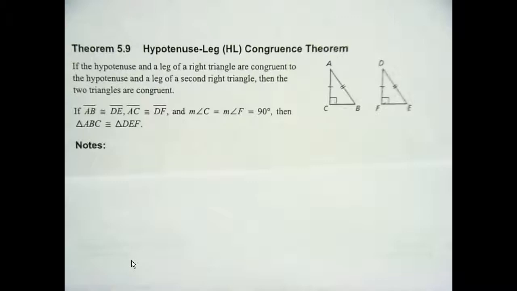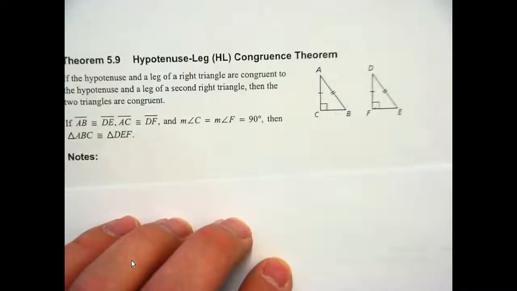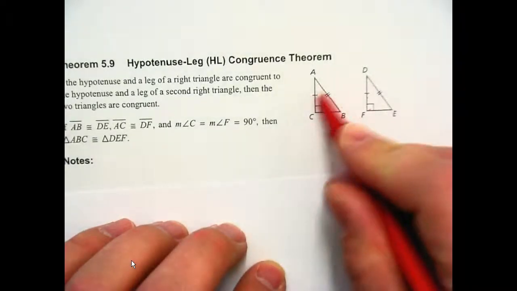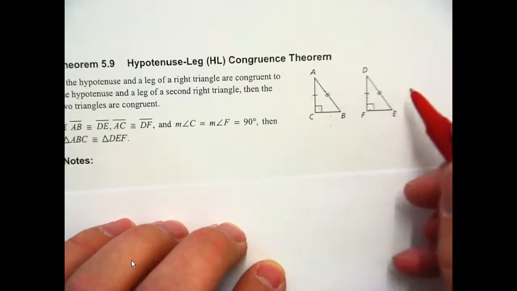Okay. Is this the same as side angle side? Why isn't it the same? This is angle side side, right? And if we abbreviate angle side side, that's bad. There's going to be no swearing in this class.